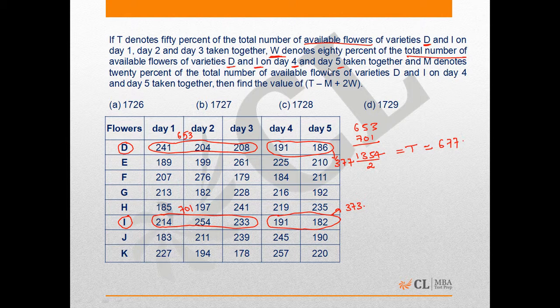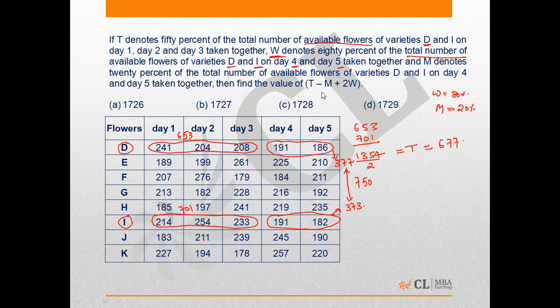The total, if I add these two numbers in combination, becomes 750. It says W denotes 80%. So I just write W is 80%, and M denotes 20% of the same value, right?